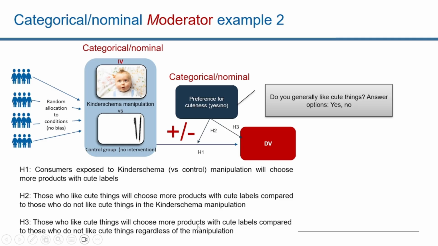Those who like cute things will prefer more cute products and cute labels compared to those who do not like cute things. So this can also be a potential direct path, and this is my moderation path where I explain how people allocated to Kinder schema will choose their products depending on their individual preference for cuteness.